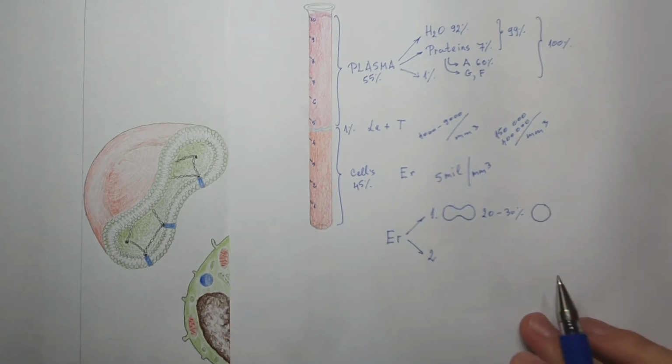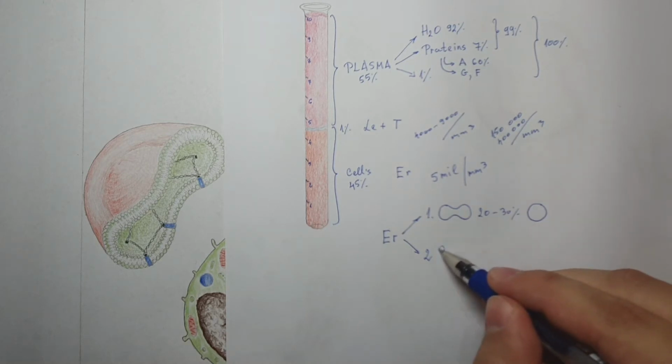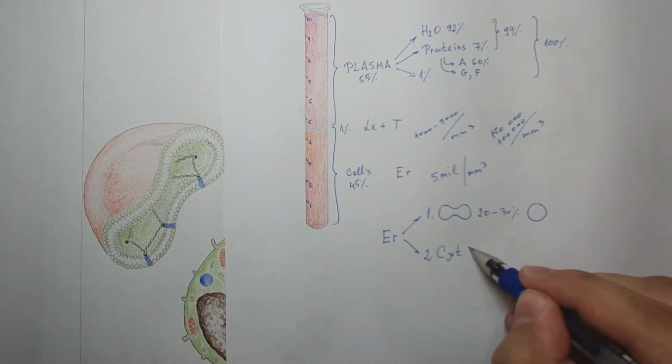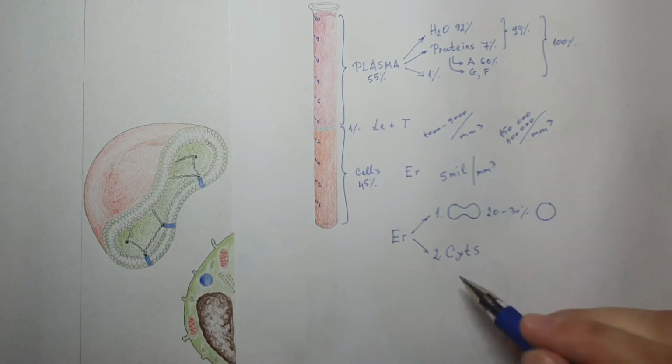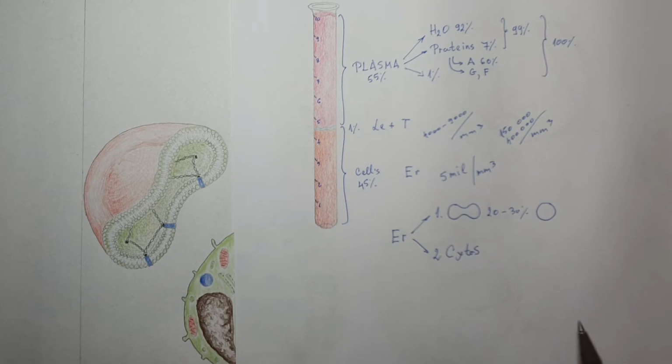The second important thing about the erythrocyte is its cytoskeleton. The cytoskeleton of the erythrocytes is the one thing keeping its shape and allowing it to be deformable, having this function of deformability. The cytoskeleton is made up of many proteins.